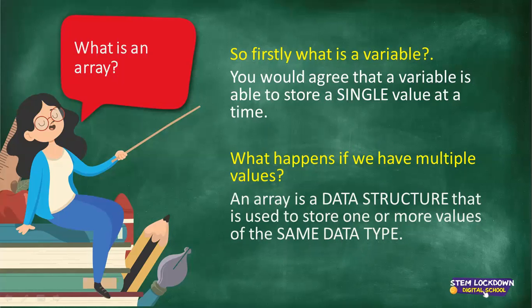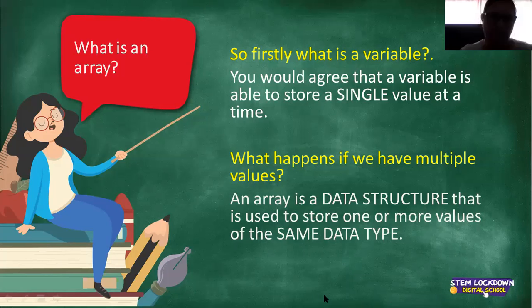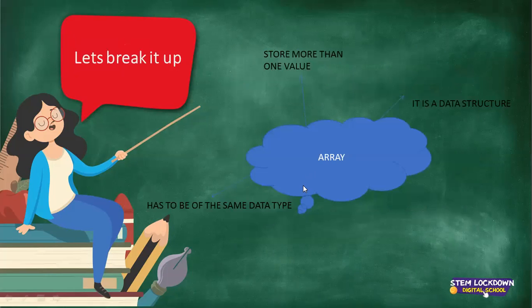Before we move on, what did the slide just talk to us about? It's ensuring that we are able to store multiple values, because that's not what a variable can allow us to do. To break it down further, what are 3 things that we can understand from an array without even looking at it?